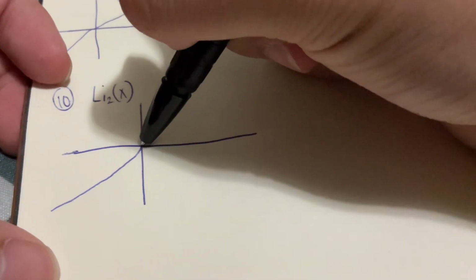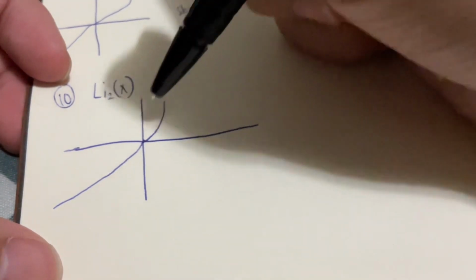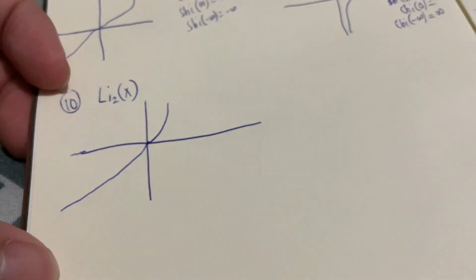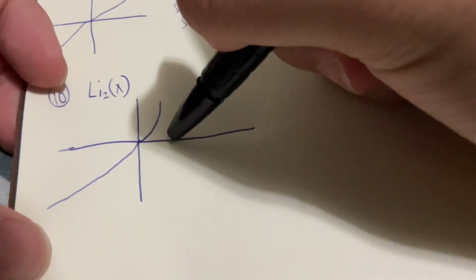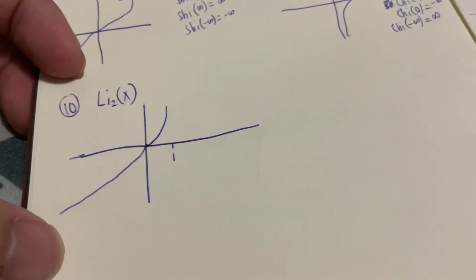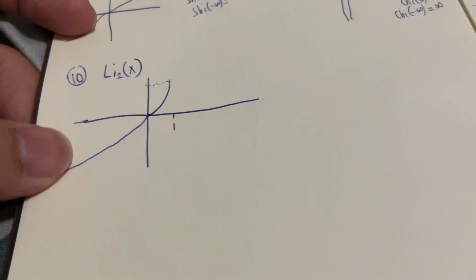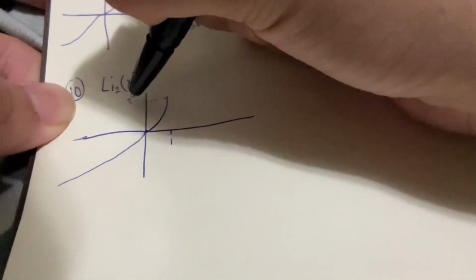So okay, from here to here, it starts growing, and it's okay, right? But whenever it reaches 1 here, this is the point: Li2 of 1 is equal to pi squared over 6. It reminds me of some zeta, right? Zeta of something, pi squared over 6.